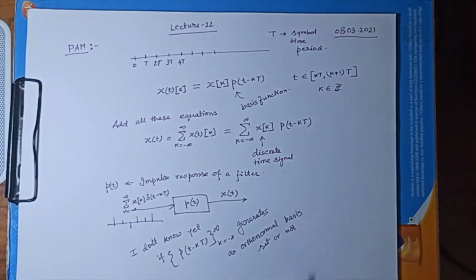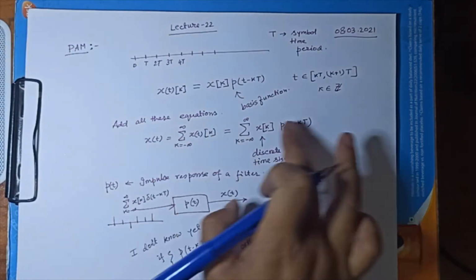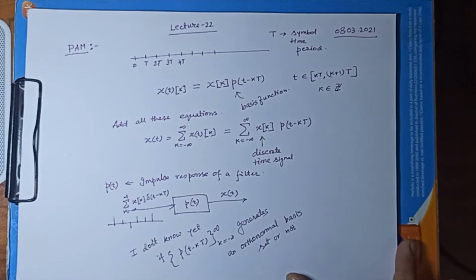If it generates, then life is easy because this equation itself will be a Fourier synthesis equation.